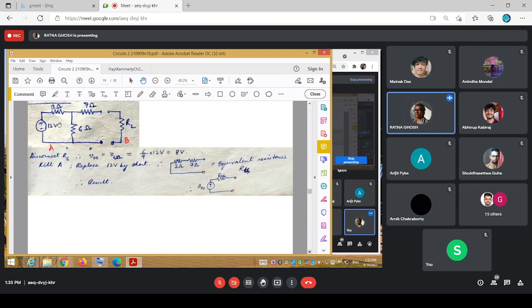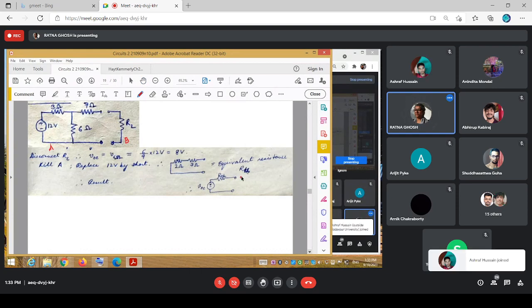So what does that load view this equivalently as? Thevenin says that we want to view it as a voltage source, open circuit voltage source, and a Thevenin resistance that is connected to that B part.